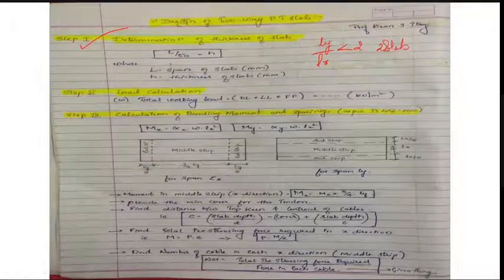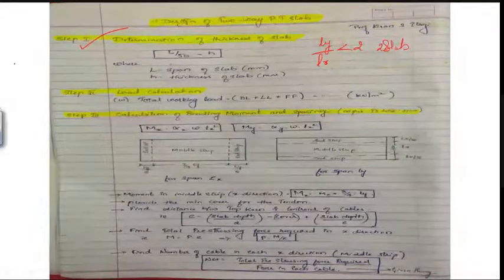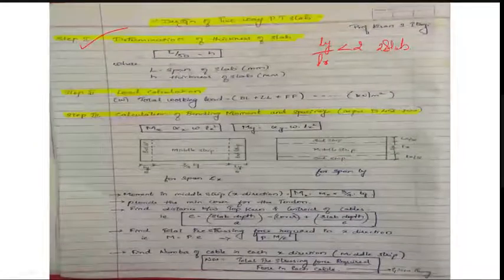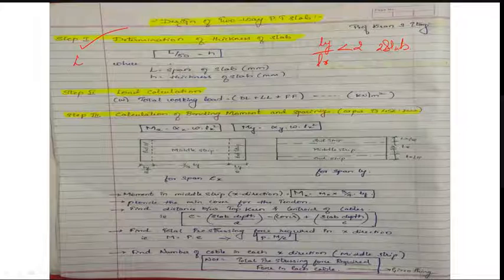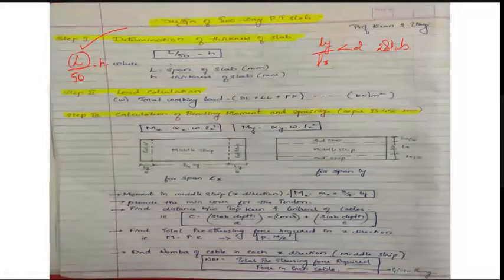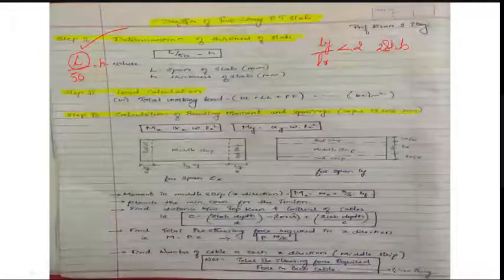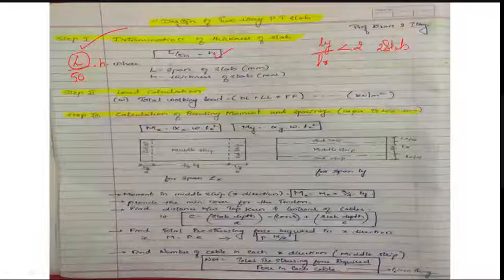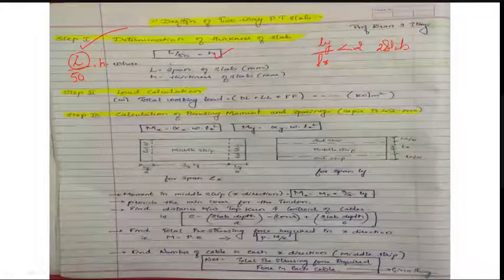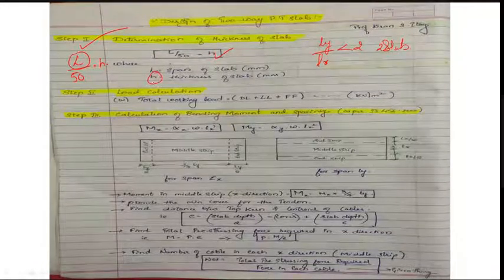So the first step, determination of thickness of the slab. Here it is determined by L upon 50, where L is the length, 50 is the constant. From that we will get the thickness of the slab, that is nothing but you can call it as h or d.